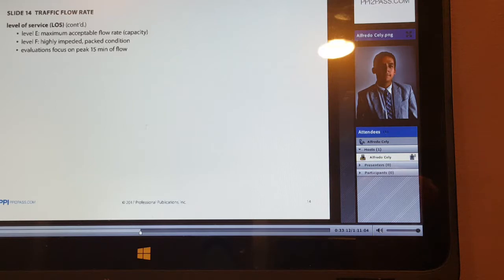But because there are more cars on the highway, statistically, there's a higher probability of having an accident or a crash. So the more cars you have on the highway, the less safe the highway is.